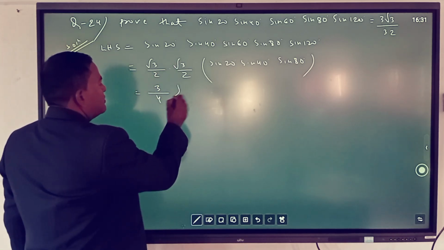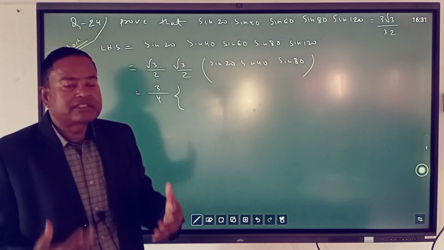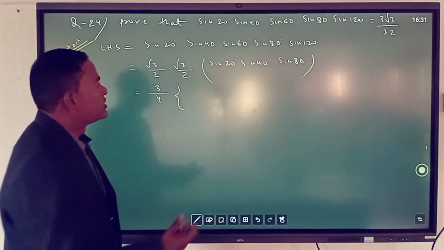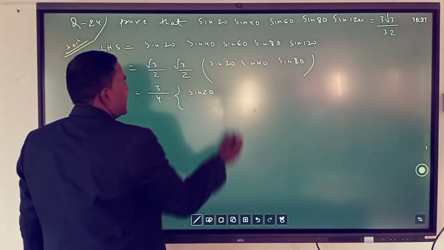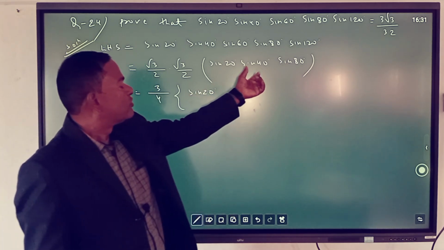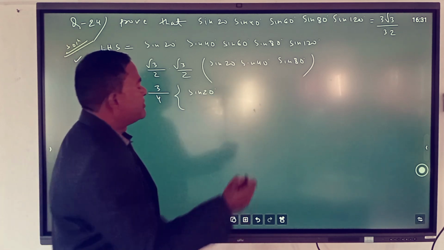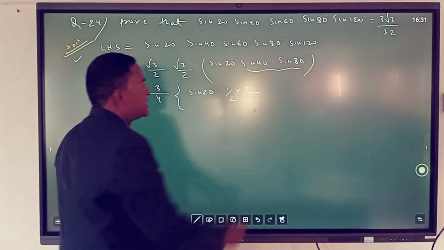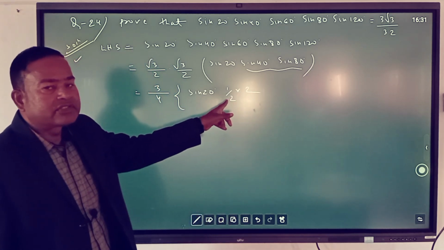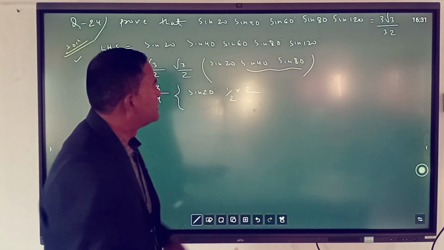So dear student, now we keep one of the trigonometrical ratios as it is. So let's keep sin 20 degree as it is. And for the remaining two terms, let us multiply by 2 and divide by 2 so that we can use the formula of transformation of trigonometric formula.